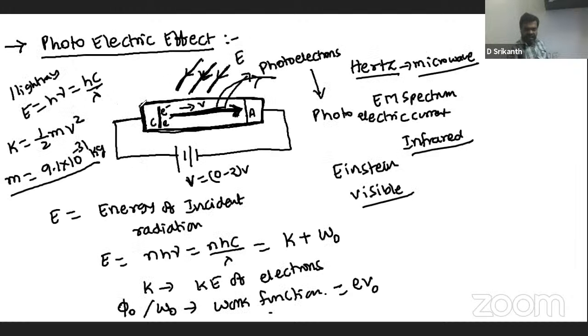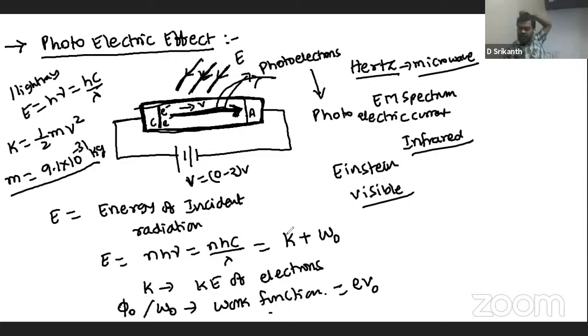Whenever the incident radiation is incident on a metallic surface, initially electrons are ejected or emitted from the cathode and reach the anode.